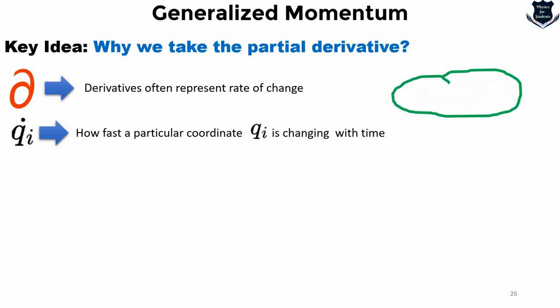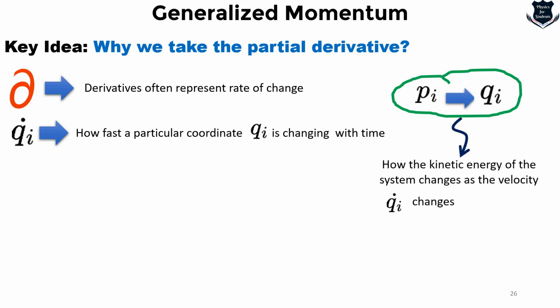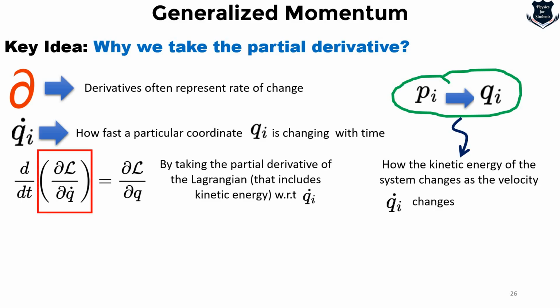So you can take this as a central concept, which is highlighted in green: the generalized momentum pi associated with the generalized coordinate qi is actually related to the kinetic energy of the system and how the kinetic energy of the system changes as the velocity qi dot changes.